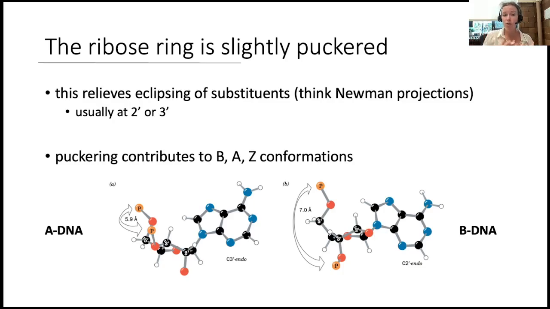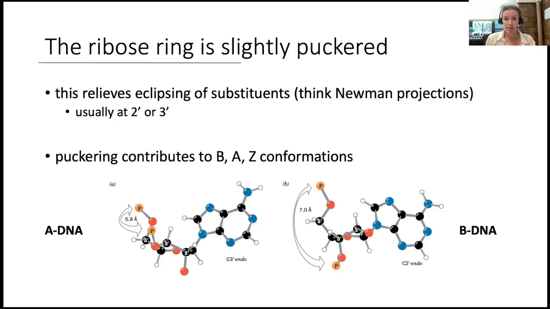Additionally, folks, one other thing I want us to think about in terms of structure is what's going on with that sugar. We know that the 5-membered ring is not going to be completely planar. It's not really like a boat pose like it is for a 6-membered ring. But for the 5-membered ring, we do have a little bit of puckering where one of those carbons is out of the plane. Think similar to a half chair conformation or something.